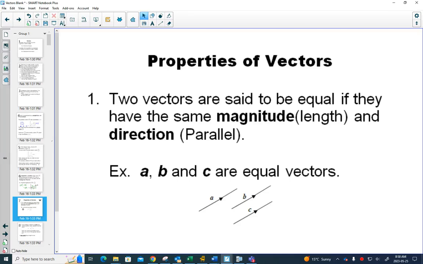Now what we're going to find out is fascinating about vectors is we can do math with vectors and they can sort of float all over the place. Some of the mathematics that we're going to be able to do with vectors is very cumbersome with our old techniques of mathematics.